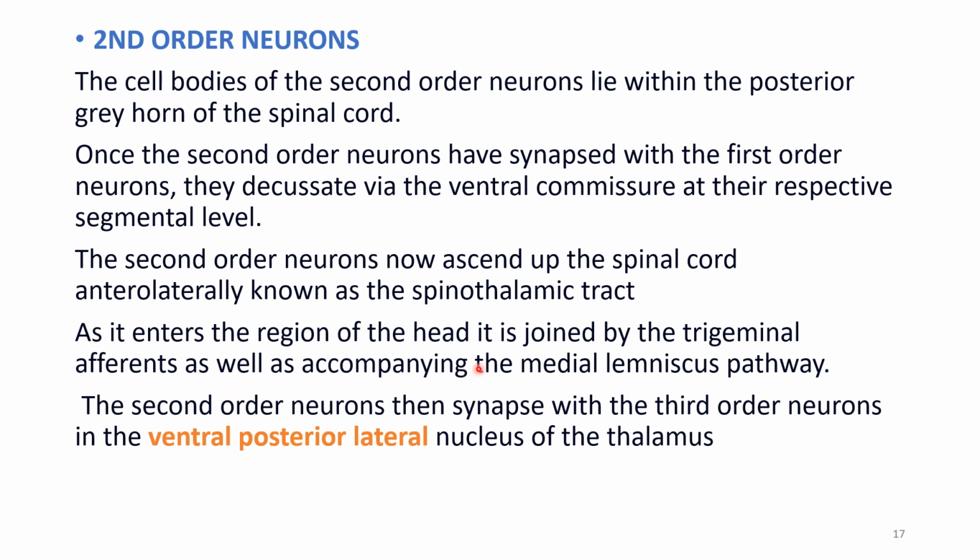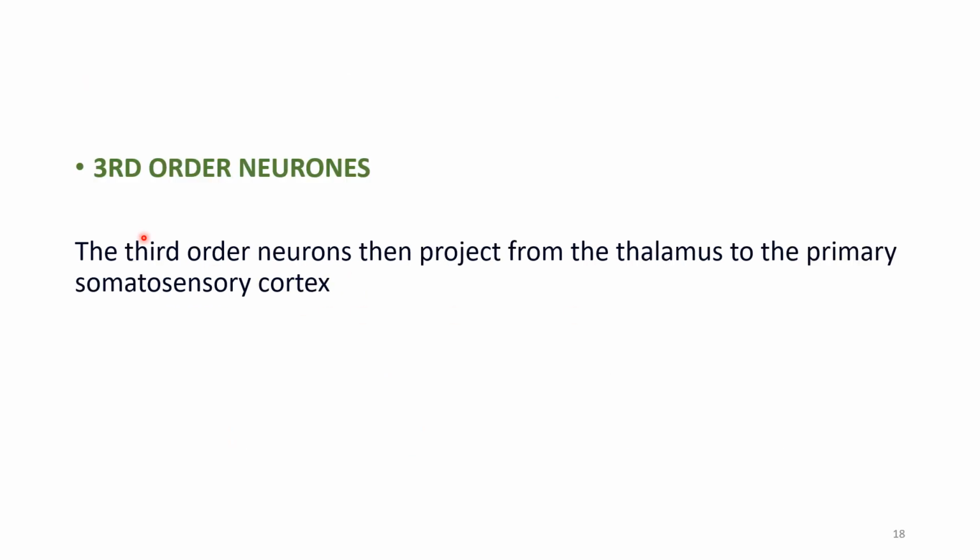As it enters the head region, it is joined by trigeminal afferents also, as well as accompanying the medial lemniscus pathway. The second order neurons then synapse with the third order neurons in the thalamus, particularly where? In the VPL, that is the ventro-posterolateral nucleus of the thalamus. Third order neurons project from the thalamus to the primary somatosensory cortex.